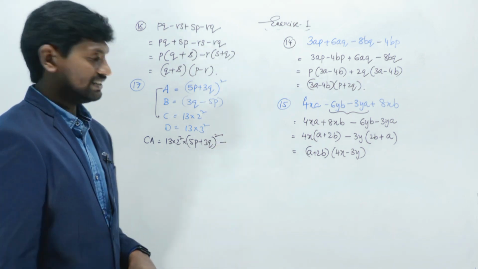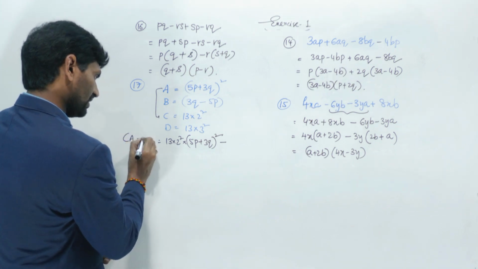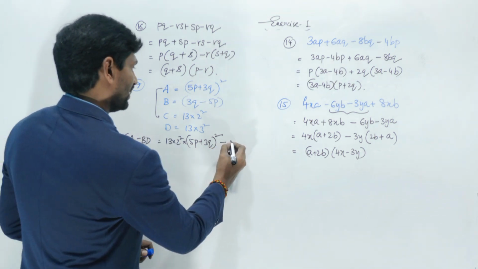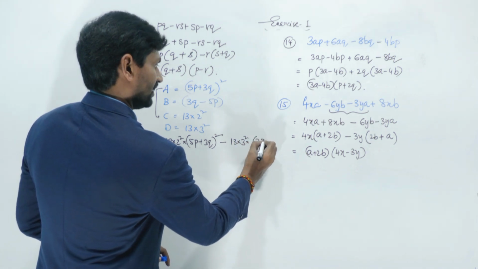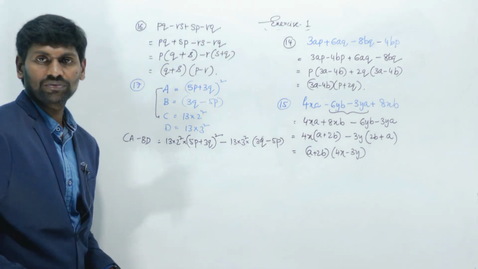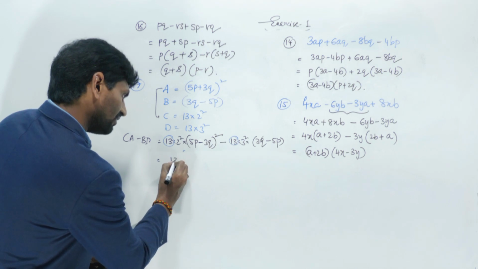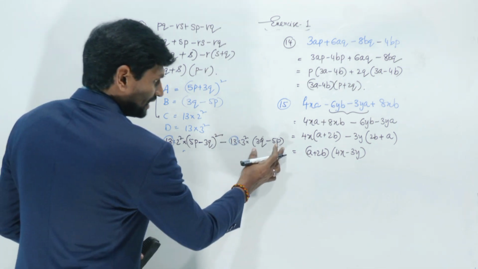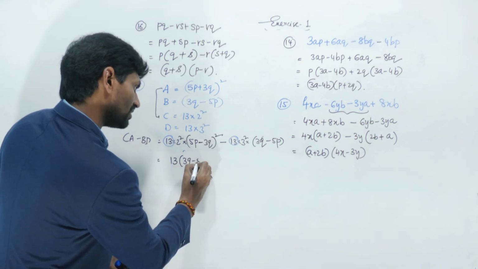CA minus BD. Okay? So here only I am writing CA minus BD. So I am writing D value first. 13 into 3 square, 3Q minus 5P. Okay? So this one 13 we can take common and 3Q minus 5P take it as common. 3Q minus 5P.